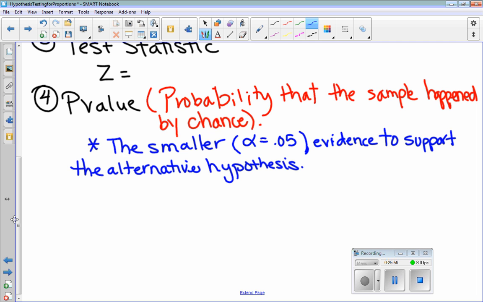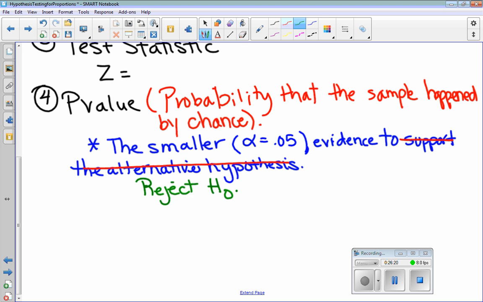Okay? So, in statistics, what we have to say is we either are going to reject the null, which is what we would do here, or we're going to fail to reject the null.